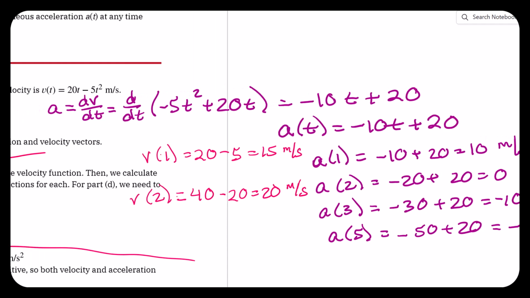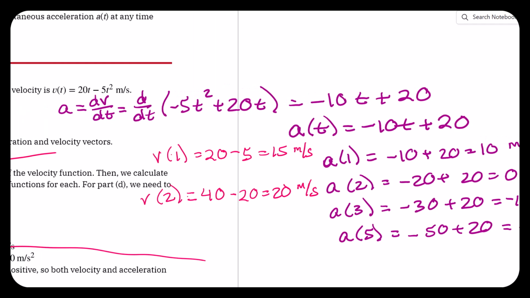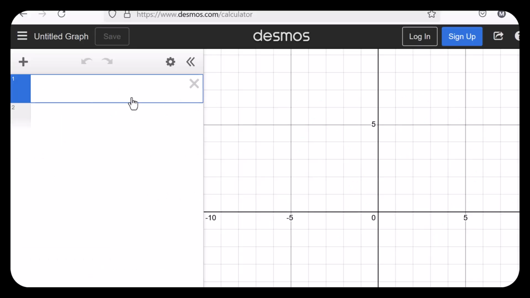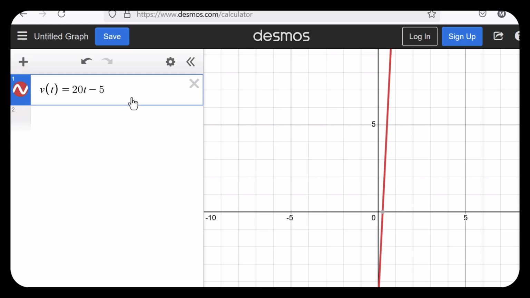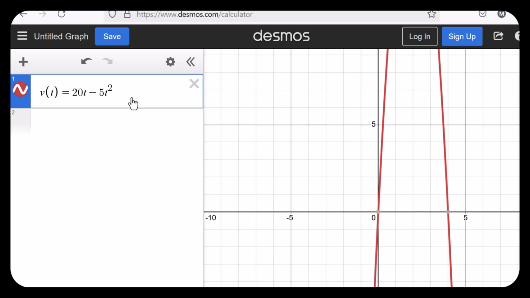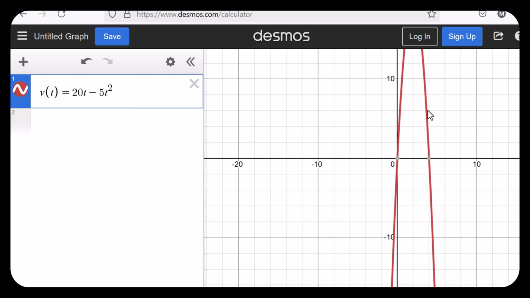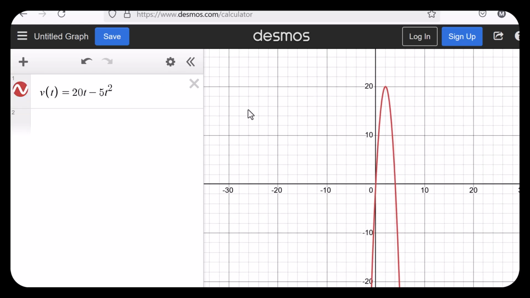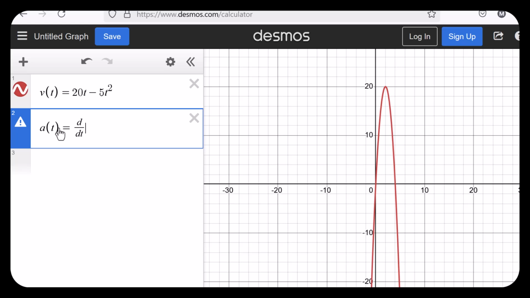All right, so I've got a velocity with respect to time: velocity of t equals 20t minus 5t squared. Okay, so there's velocity, and then acceleration is d/dt of velocity.